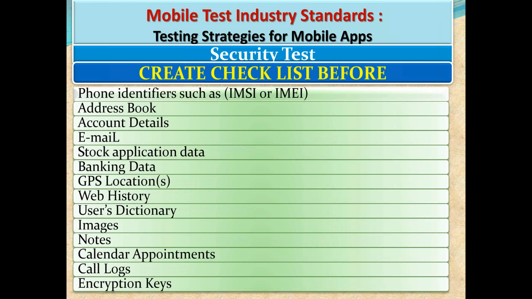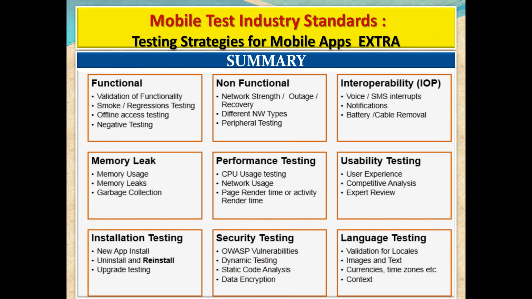Then of course address book and account details, emails, and so on. This is your checklist before you release the application, to make sure that everything is in order.